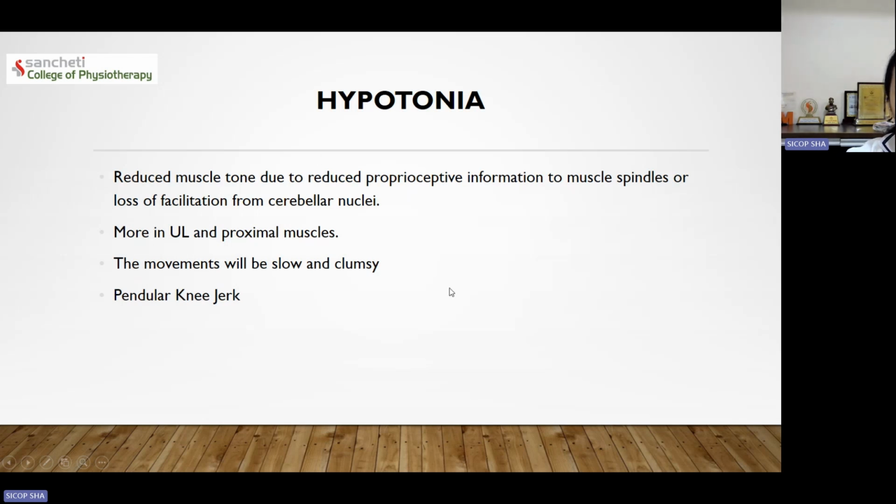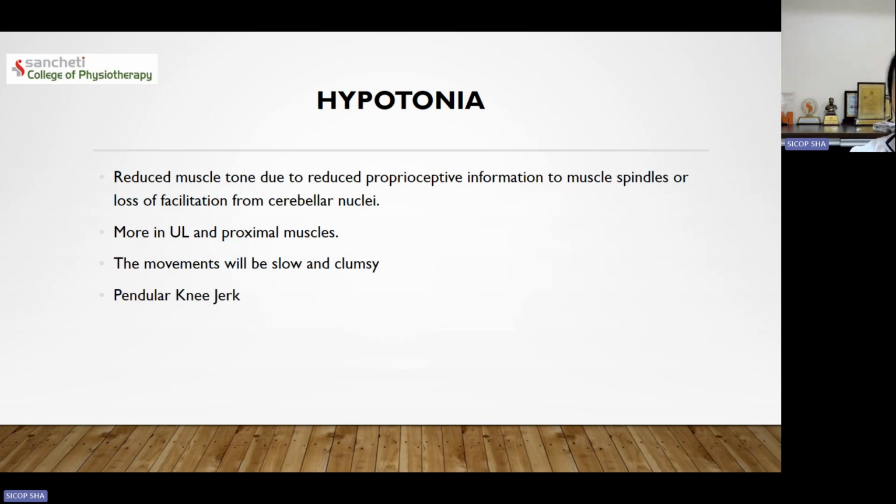Because of this hypotonia, what else can be seen? When we do reflex testing in our patients, especially the deep tendon reflexes, when we go for the knee jerk, normally we strike the patellar tendon and get knee extension.